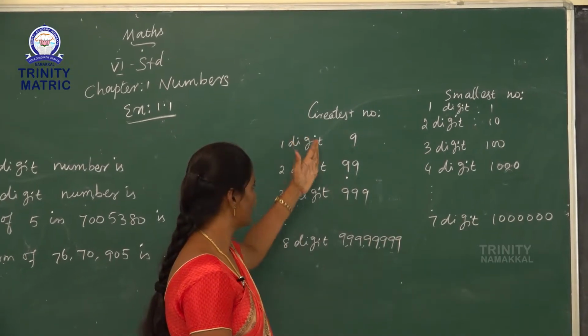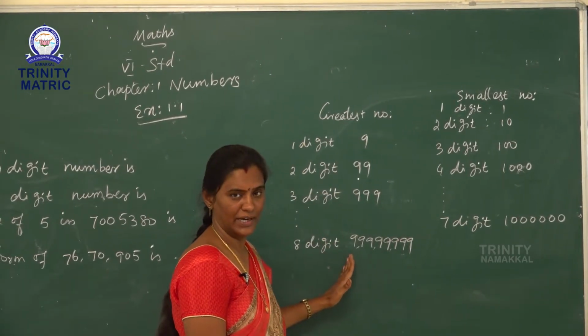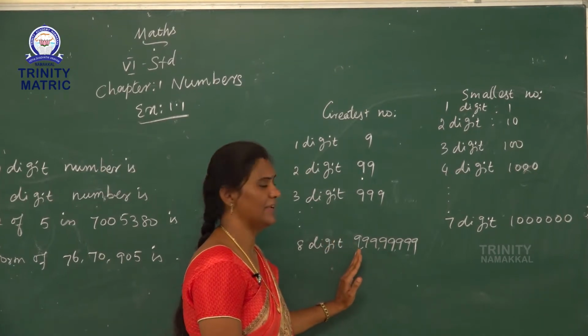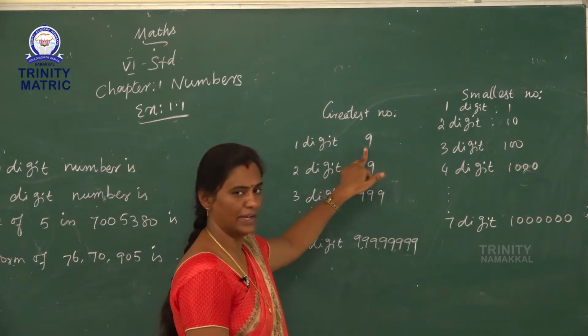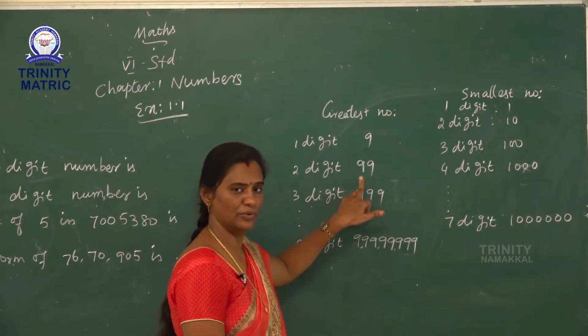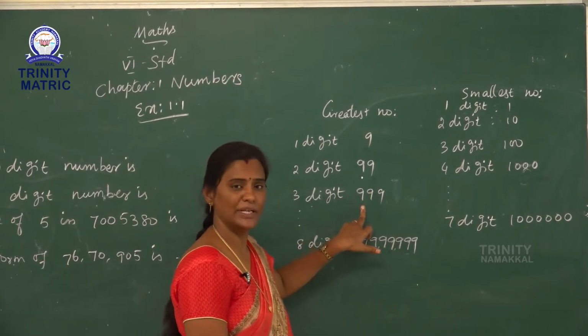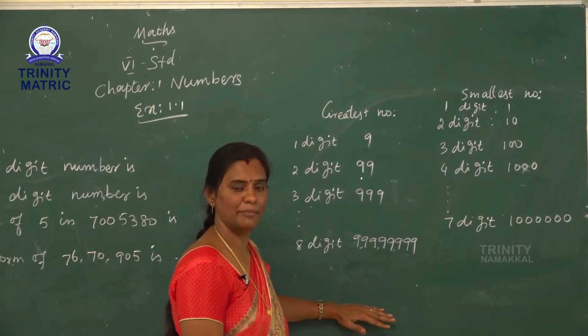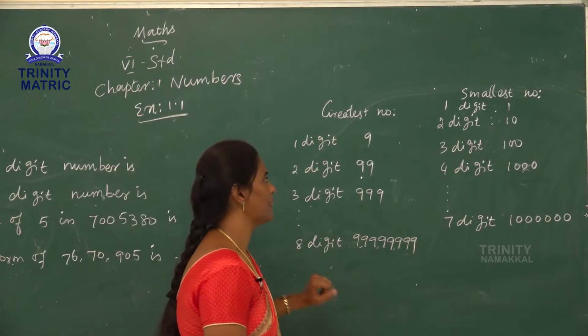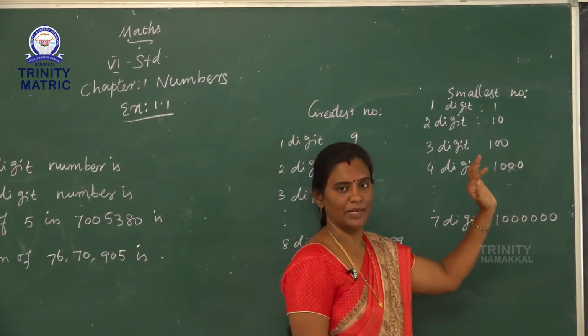See here, all the greatest numbers start with 9 and end with 9. The greatest 1 digit number has one 9, the greatest 2 digit number has two 9s, the greatest 3 digit number has three 9s, the greatest 8 digit number has eight 9s, the greatest 10 digit number has ten 9s. Yes? Yes.